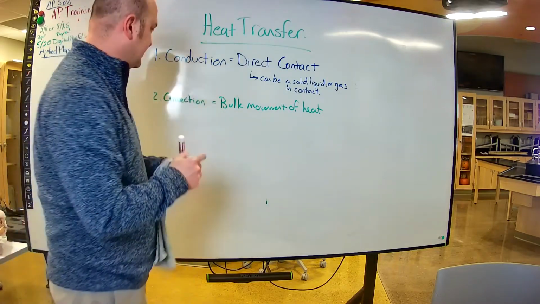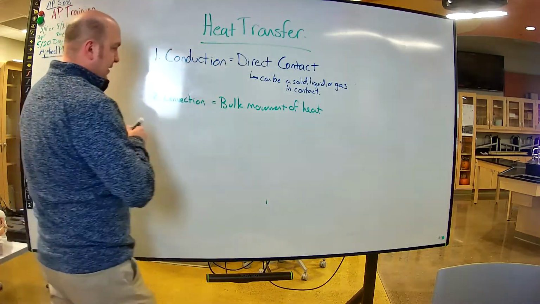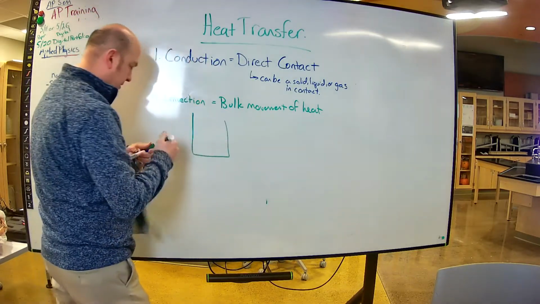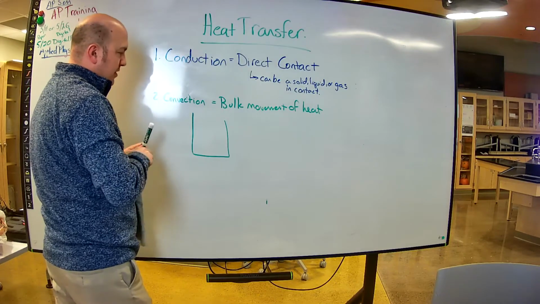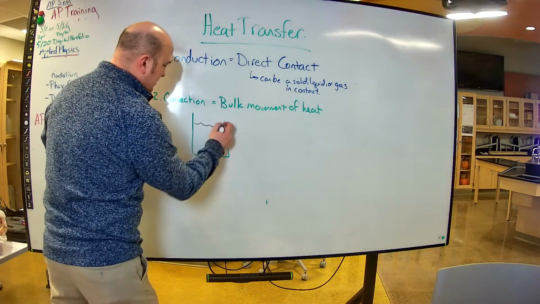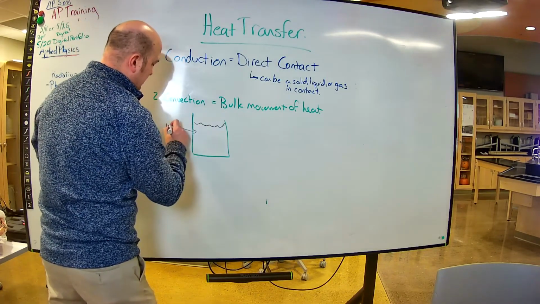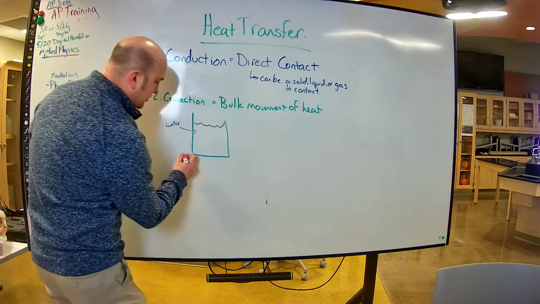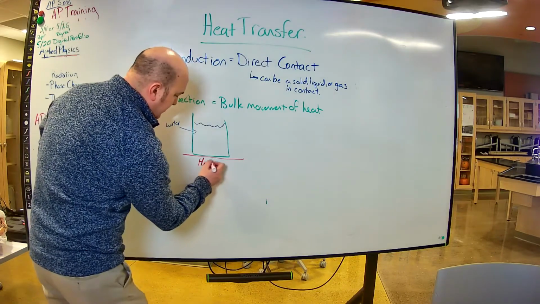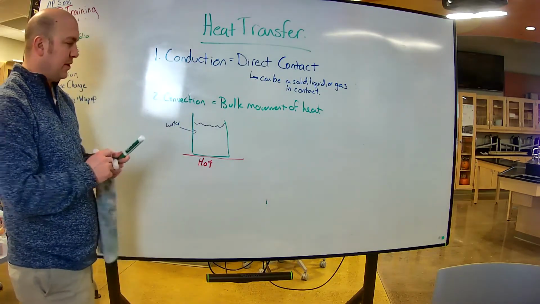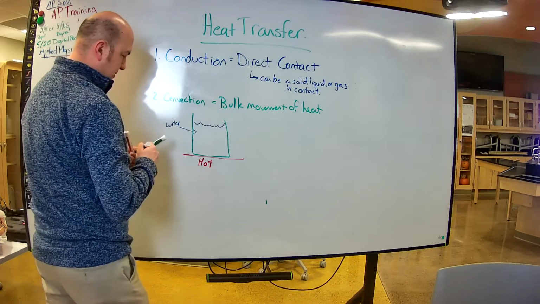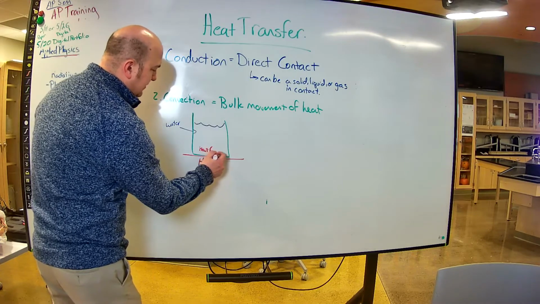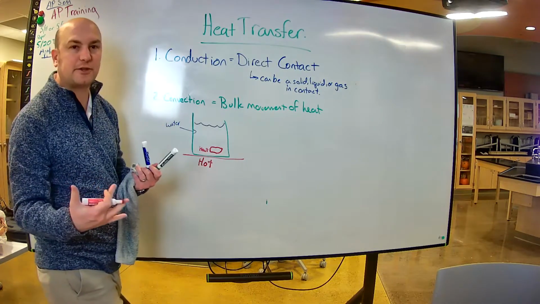If you have some kind of cup with water in it, and then you add heat to the bottom, through a hot plate or fire or something, the water at the bottom is going to heat up. And so then you've got the hotter section of water.